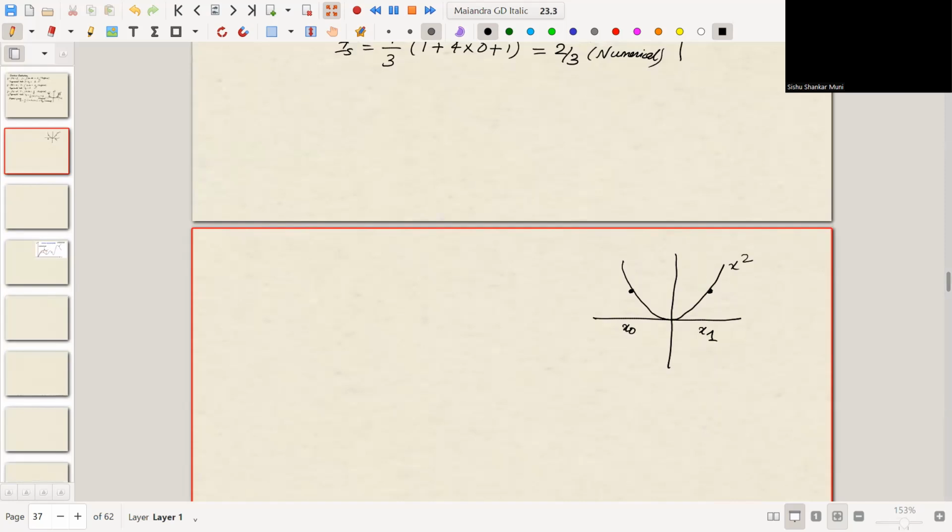So the idea is, can we write the integration as sum of ci f of xi. Here f of xi means f of x0, f of x1, and associated to them are the constants ci's. Remember the ci's, you already know them. They are the 3 and 2.